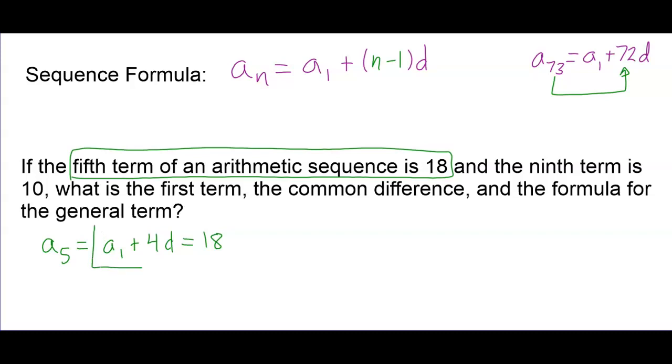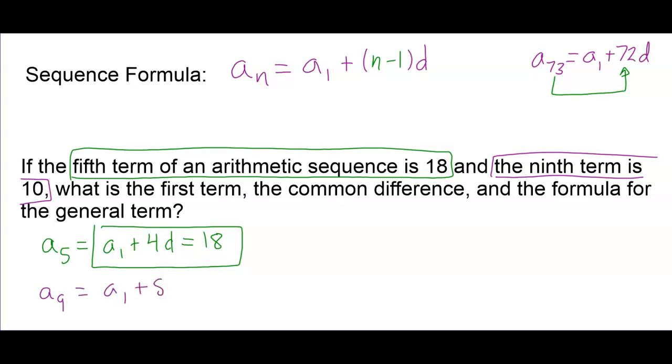And that's an equation with 2 variables in it. a1 is a variable, d is a variable. And then if you take a look at the 9th term is 10, then that means when you plug in 9, and you get a1 plus 8d, the answer is supposed to be 10.